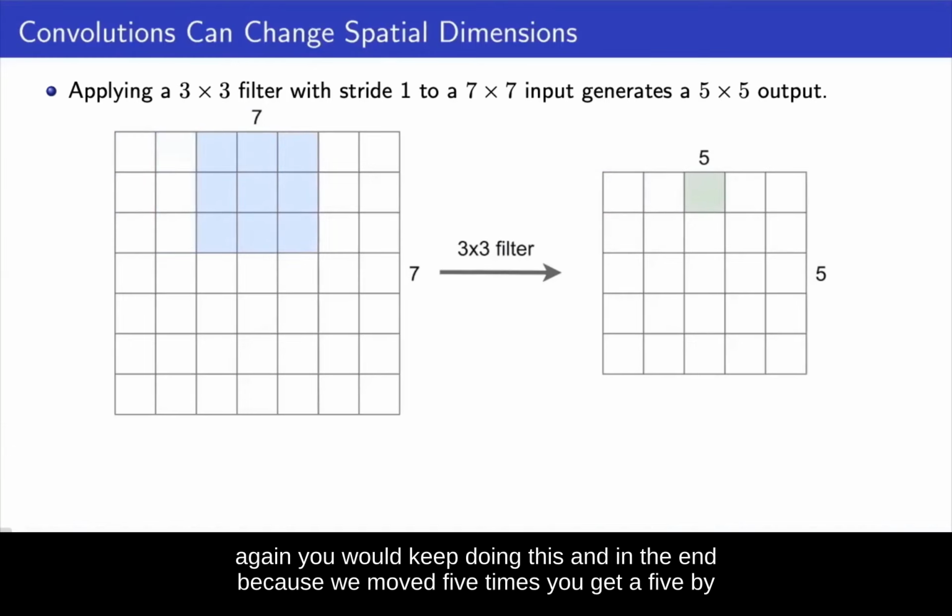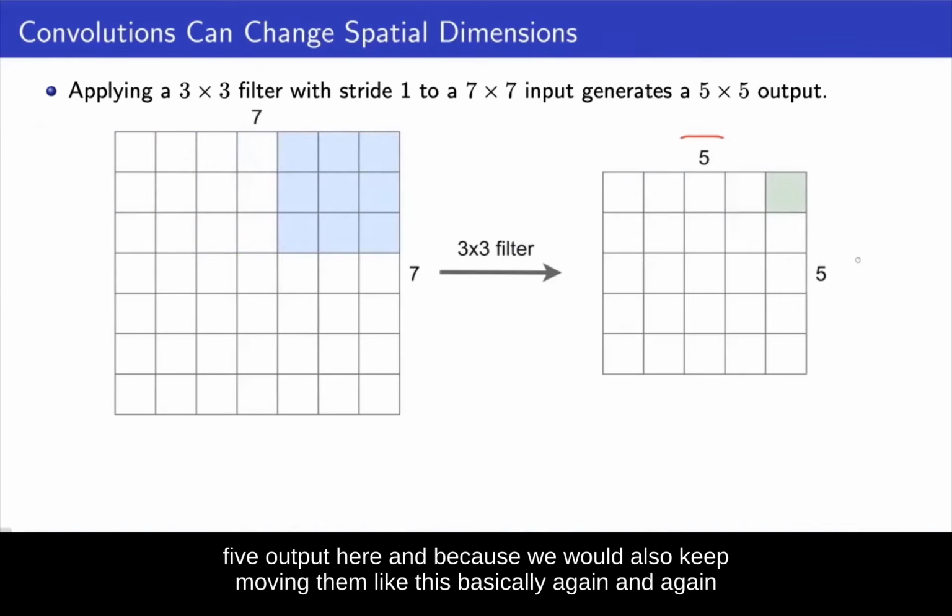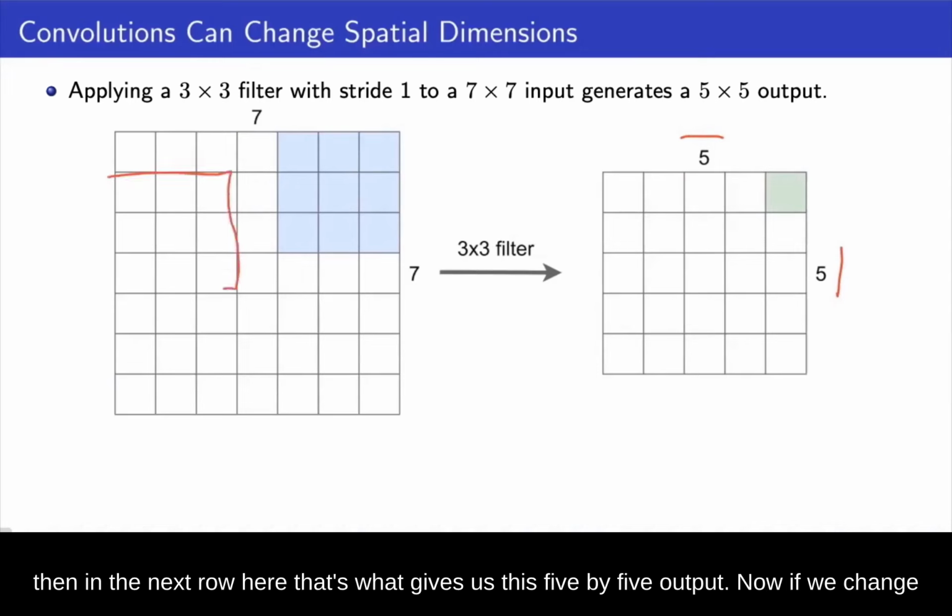You would keep doing this, and in the end, because we moved 5 times, you get a 5 by 5 output. And because we keep moving like this, in the next row, that's what gives us this 5 by 5 output.